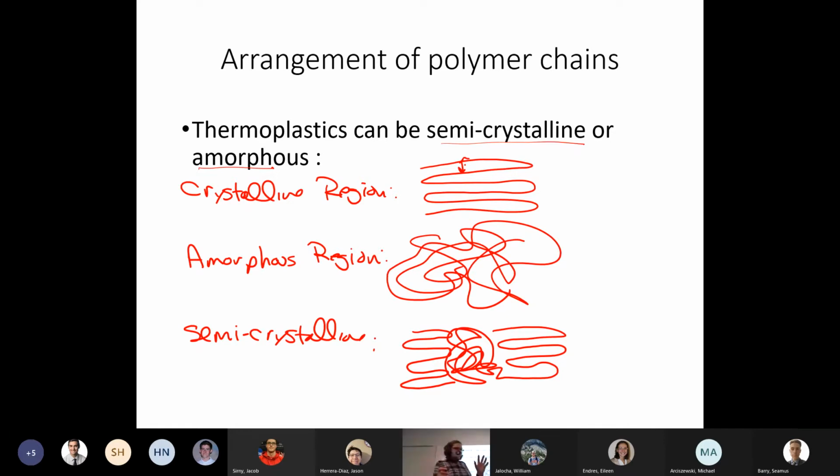Now, let's think about this from a processing point of view. When a crystalline region melts, remember, melting in that classic definition is long range order to short range order.